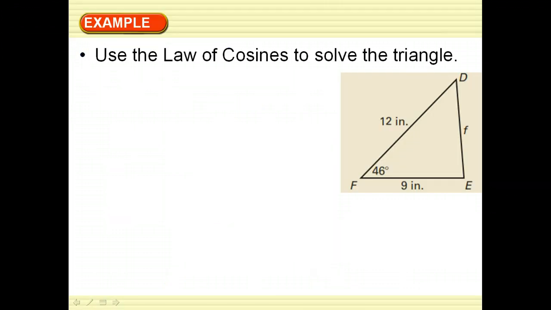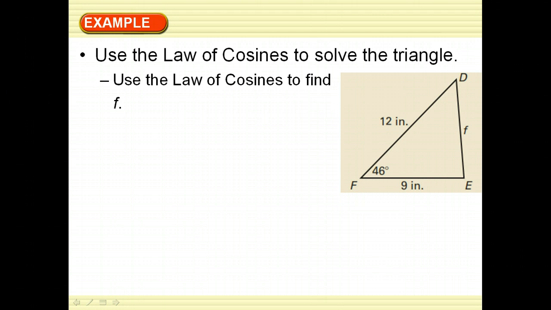So let's look at this. Use the law of cosines to solve this triangle. So to use my law of cosines, I'm going to find f first. Now, if this was a right triangle, I could use the Pythagorean theorem, but we don't know that it's a right triangle. It's not marked. So I'm going to use the law of cosines.